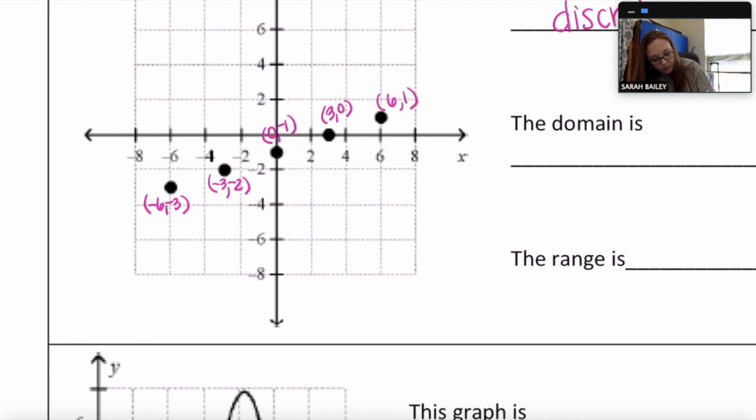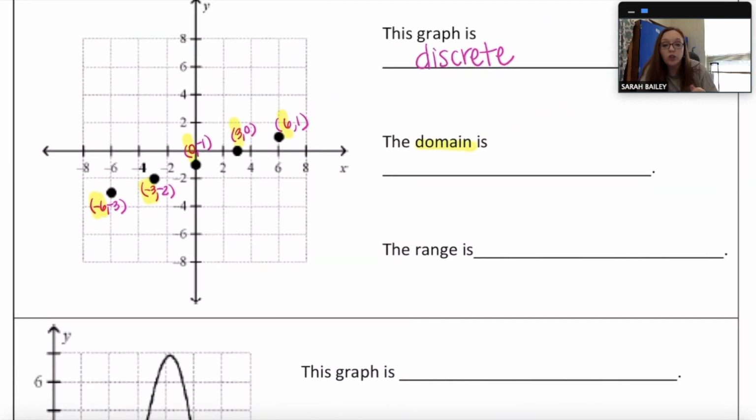Okay? So when I do the domain, and since it's a discrete function, I am going to use the little curly brackets and just list out the x values. So -6, -3, 0, 3, and 6.